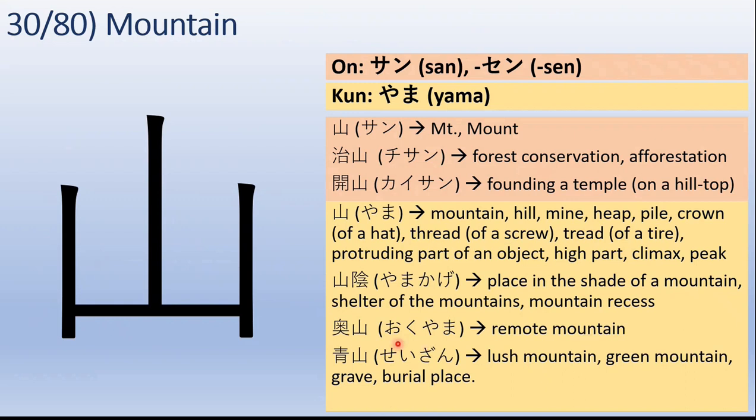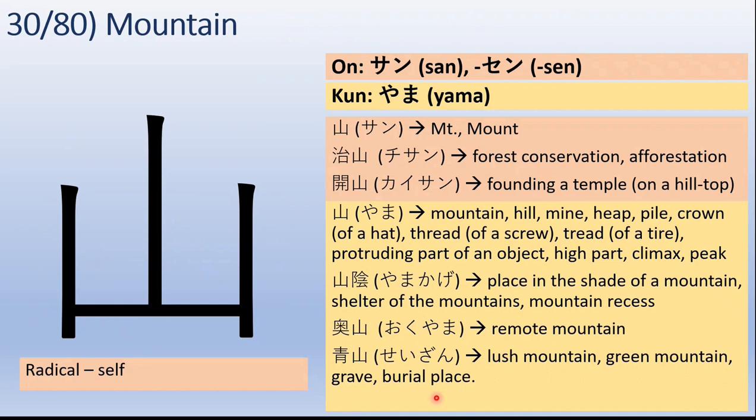Then we have Okuyama, which means remote mountain, and we have Seizan, which means lush mountain, green mountains, grave or even burial place. It depends on the usage of this word, like where and how this has been used with different combinations, so that it may mean lush mountain or green mountains and at the same time grave or a burial place.